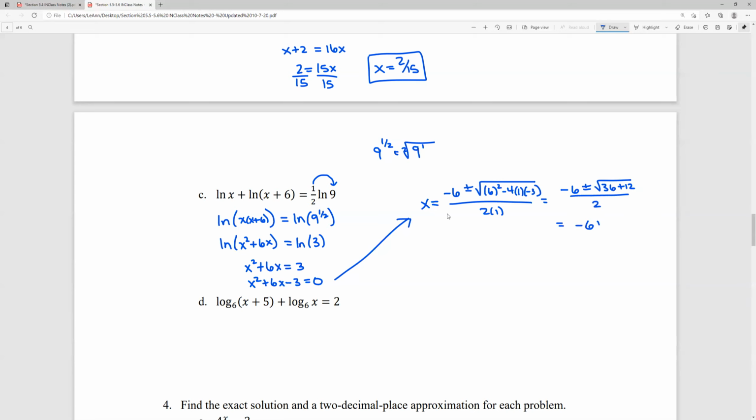That's negative 6 plus or minus the square root of 48, over 2. 48 has a perfect square in it. 4 goes into it, but a bigger perfect square of 16 goes into it. 16 times 3. So that's 4 times the square root of 3, all over 2. So I think I have two solutions here. And if I reduce this by dividing everything by 2, we get negative 3 plus or minus 2 times the square root of 3. Let me write that correctly.